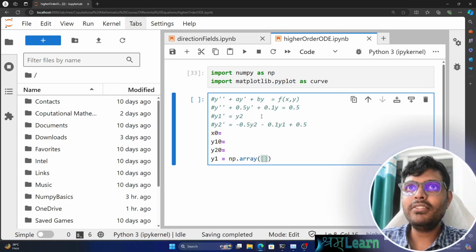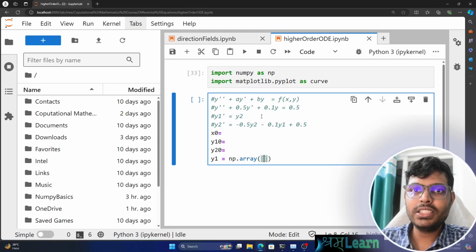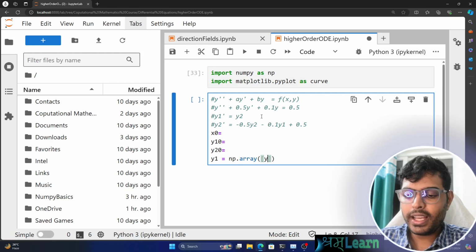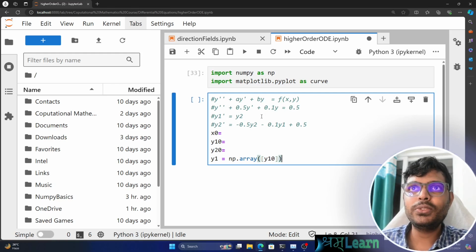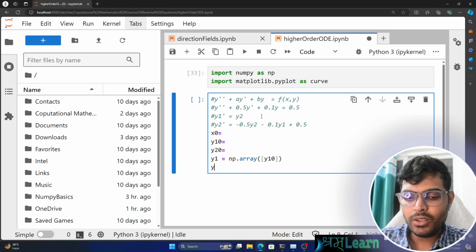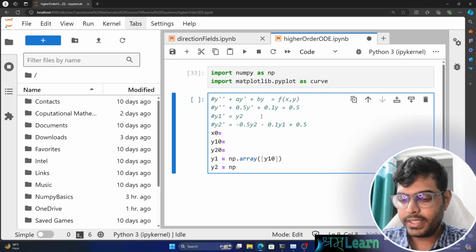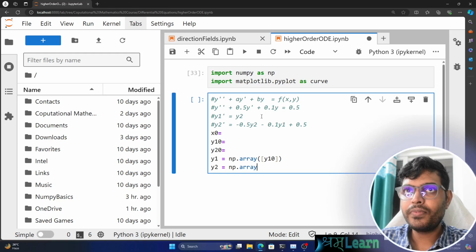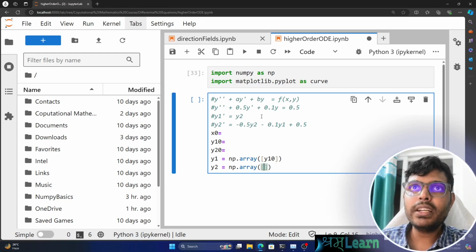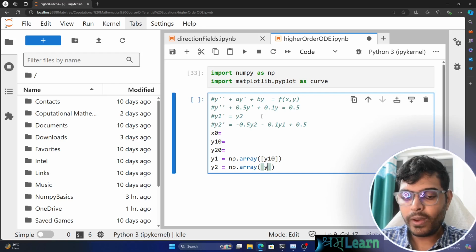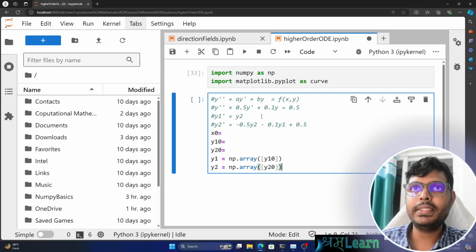What is the initial value of y1? We know y1 naught is 10. Done. What is the initial value of y2? y2 is also a variable of interest for us. So what is the value of y2? The initial y2 naught. Done.